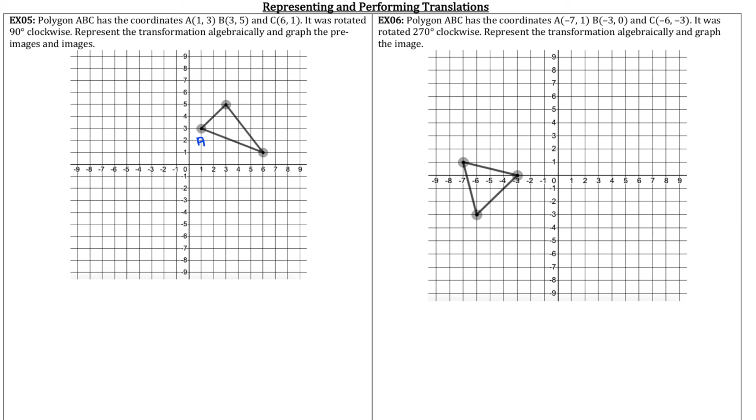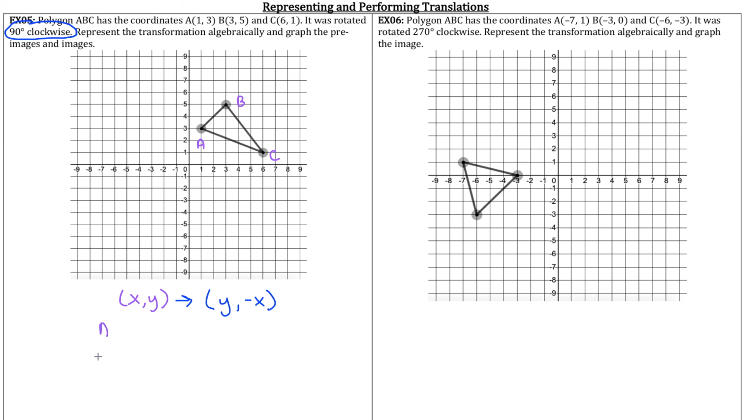Actually, I'm going to do this like I did before. A, B, C. We add x's and y's. And then we rotated it 90 degrees clockwise, which is y, negative x. And I'm going to write down all my original points.